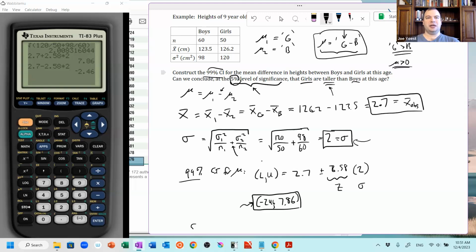This is what we chose to test, right? We shouldn't decide to test in this direction after we see the sample and we see, oh, X bar for girls is bigger than X bar for boys, so now I'm going to decide to do one-sided instead of two-sided. But maybe we decided this in advance. We said, hey, somebody told me somewhere that girls are taller than boys at this age, and I don't know if that's true. So I'm going to develop a test to try to determine whether that's true.